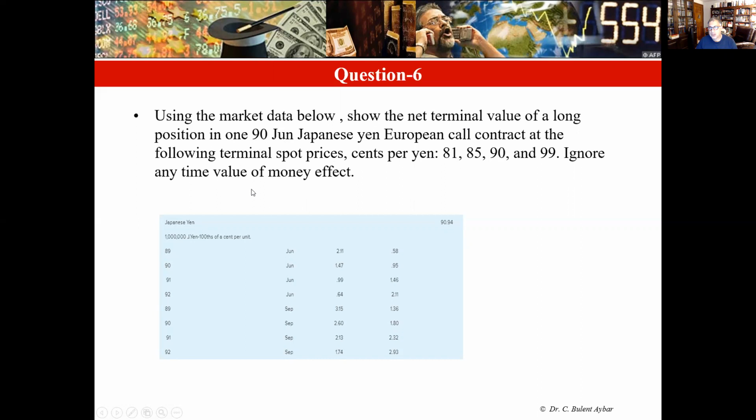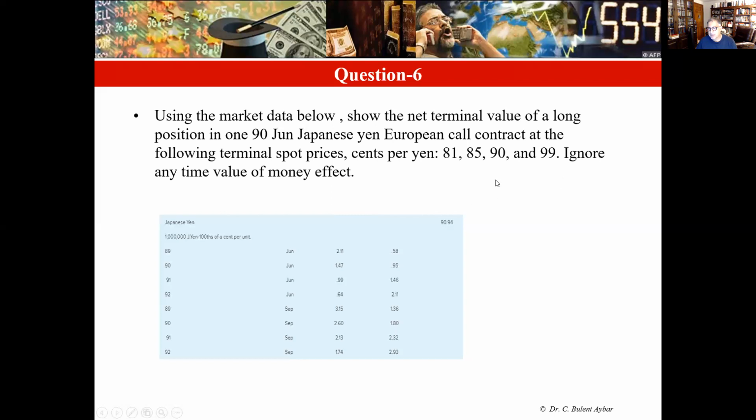We will ignore the time value, and I will explain what we mean by this, which simplifies the calculation a little bit. This implies that there is actually a time gap between the time that we pay the premium for the option and the decision that we make whether we exercise the option or not.